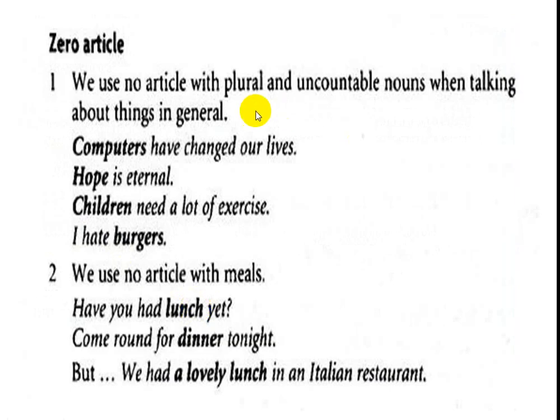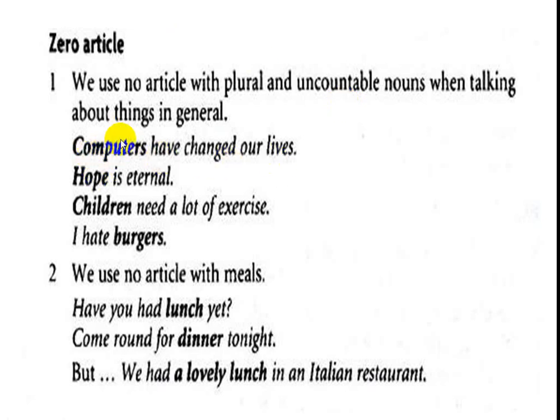Zero article. Zero article means we do not use any article, no article. We use no article with plural and uncountable nouns when talking about things in general. For example, computers have changed our lives.